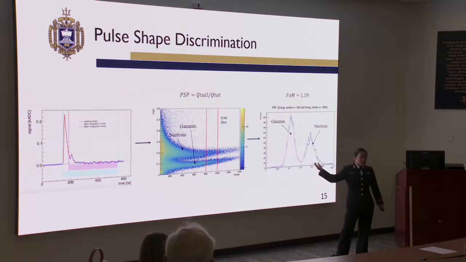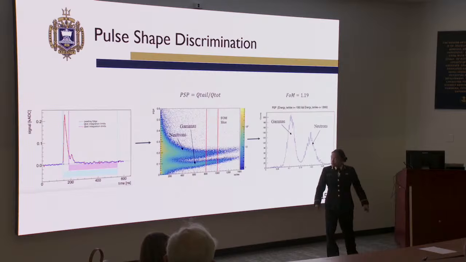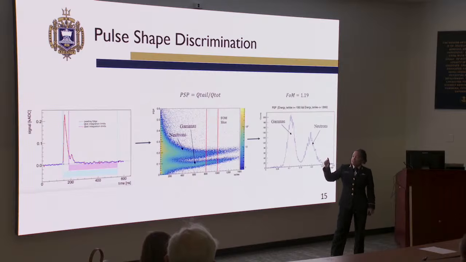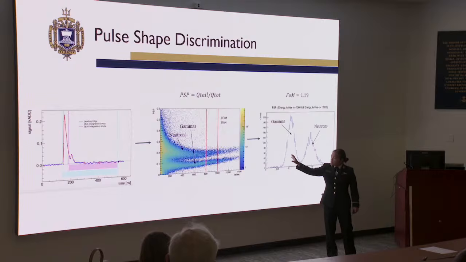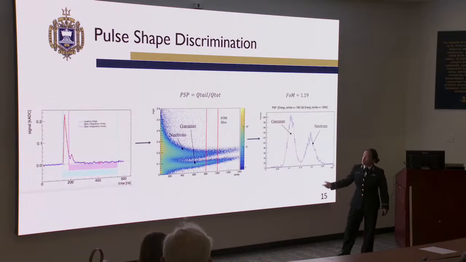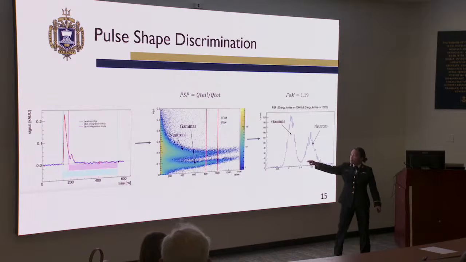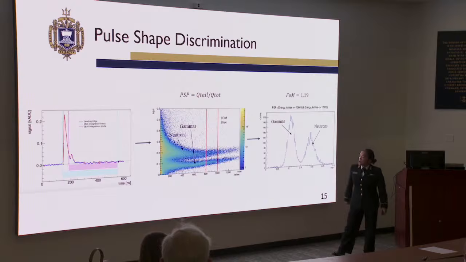This then gets us our PSP, our pulse shape parameter. We then take all of the counts and all of the PSP data and put it onto this graph, where we can see that there's discrimination between neutrons and gammas. There's a neutron band here at the top and a gamma band there at the bottom.